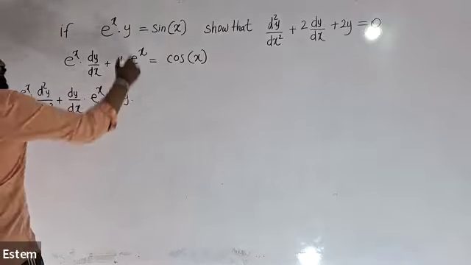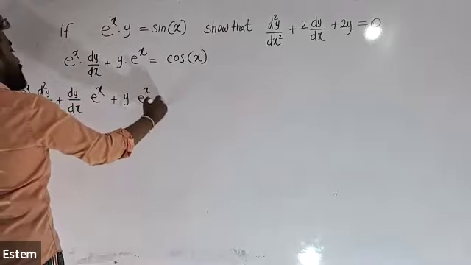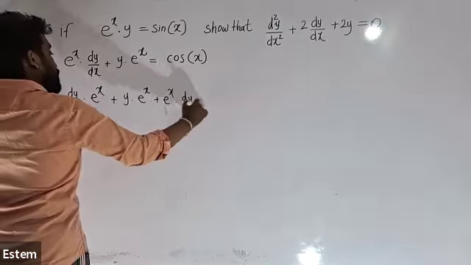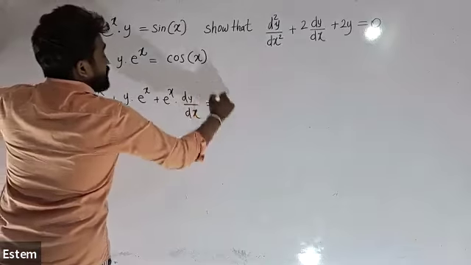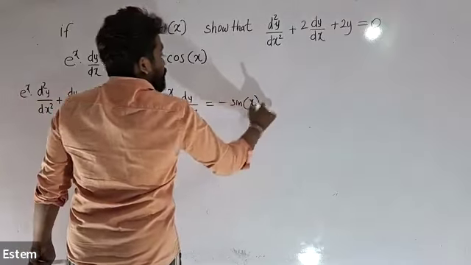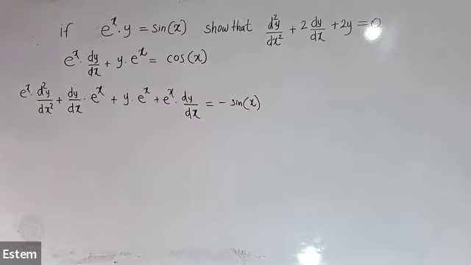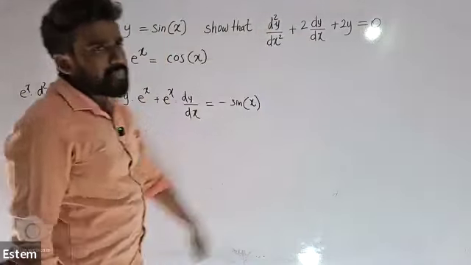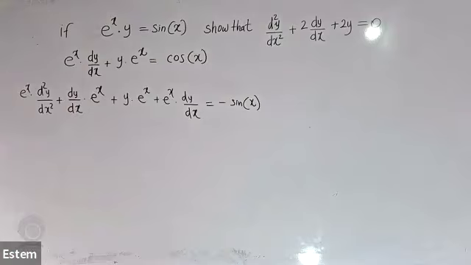The differentiation of e^x is e^x. The differentiation of y is dy/dx. The differentiation of cos x is minus sin x. We can see that only the second order is there, so we don't need to differentiate again.